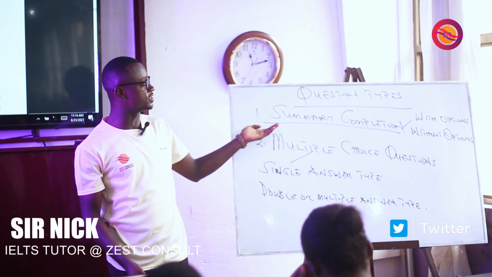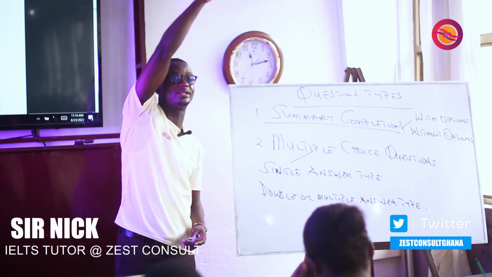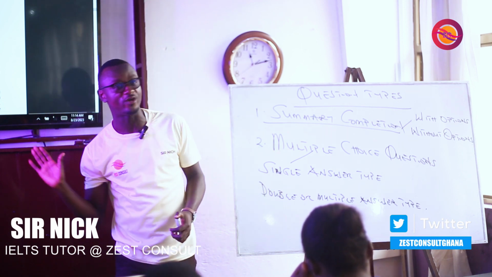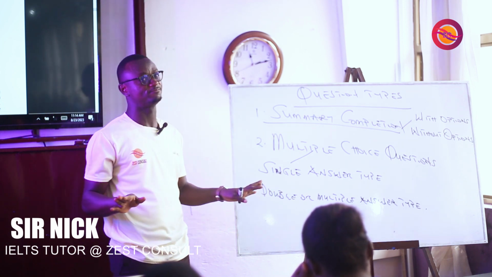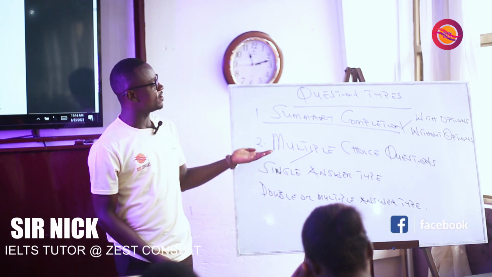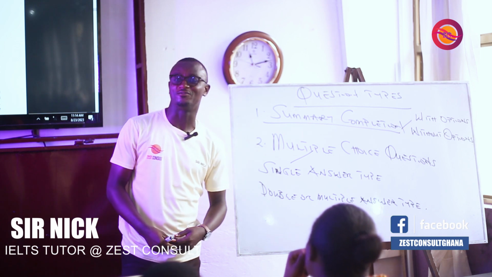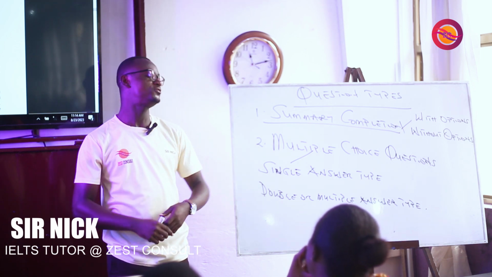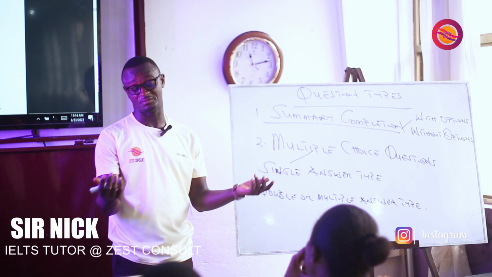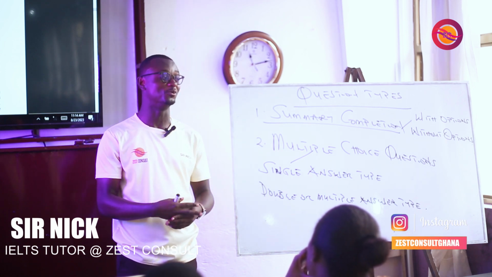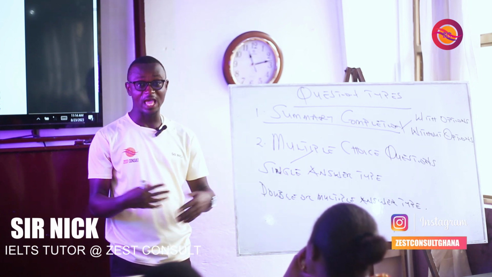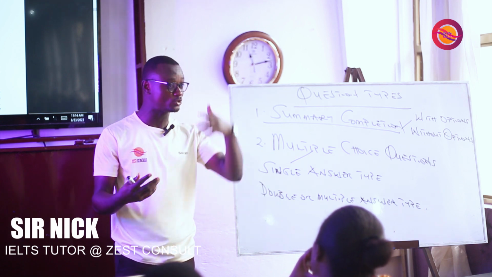So our responsibility here is to get words that can be what? Used to fill that space given. That is all. And then for multiple choice questions, what happens? It is one of the interesting question types students loved back in school. Yes or no? Yes, we loved multiple choice back then.